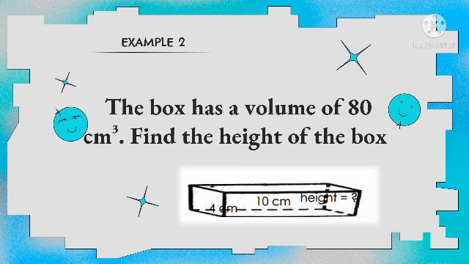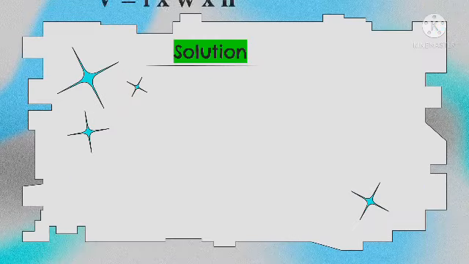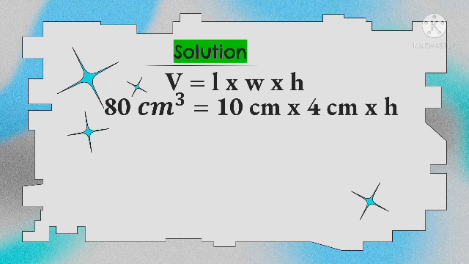So, we can solve for the value of height. So, again, using the formula, V equals L times W times H, i-substitute natin yung mga given values sa formula. So, given yung volume na 80 cubic centimeters, given yung length na 10 centimeters, and multiply natin sa width na 4 centimeters to find, or yung unknown naman is yung height.